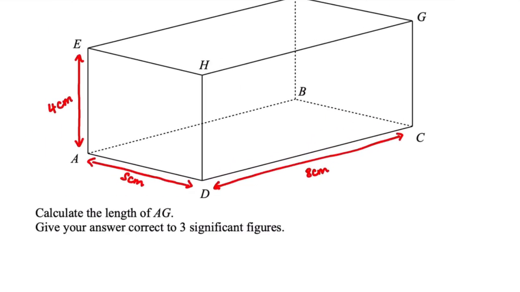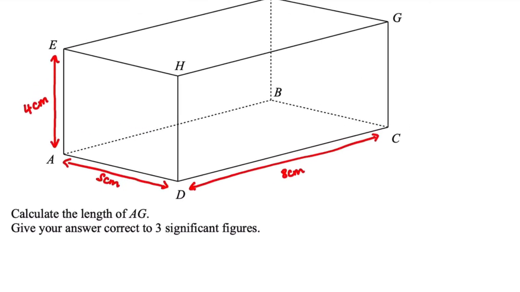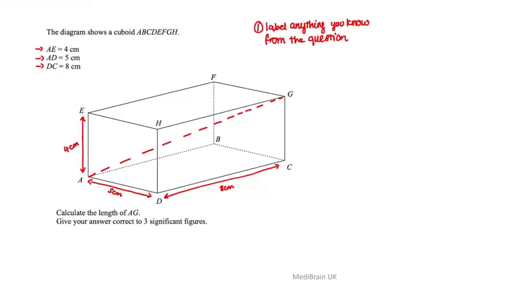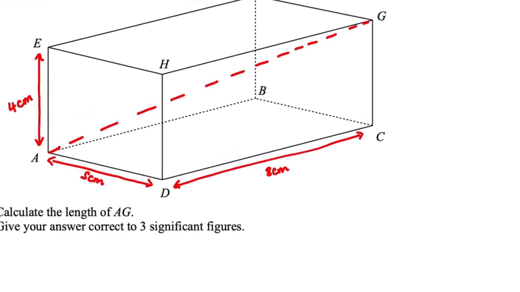Now it says calculate the length of AG. Now, where is AG? You will have to draw this on yourself, and normally it will ask you something like this. So AG is this line over here. It's a diagonal line which runs from the bottom corner to the top right corner. That's what AG is. You're going from A to G. As you can see, that dotted line that I've drawn is AG.